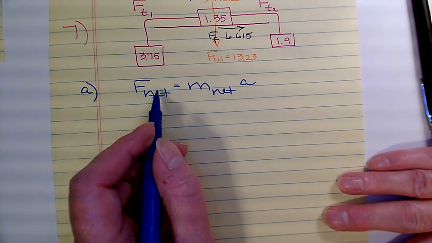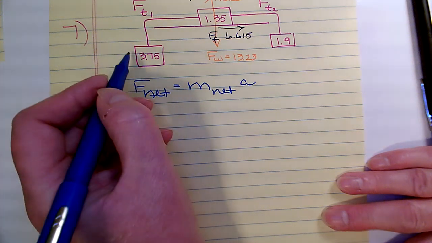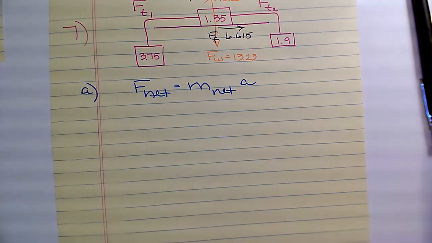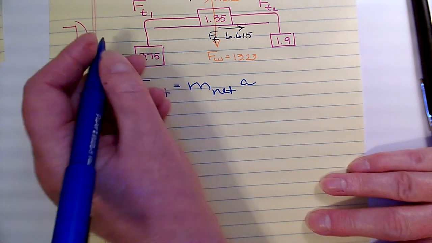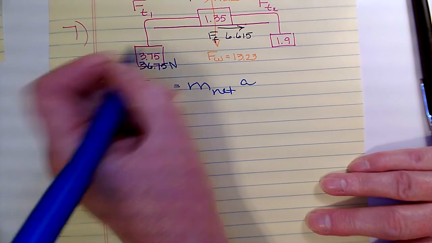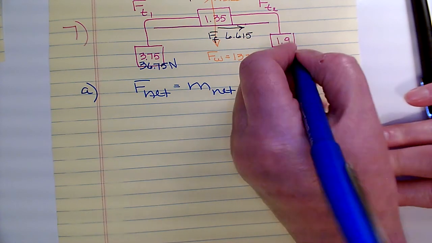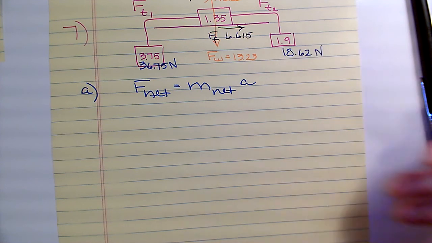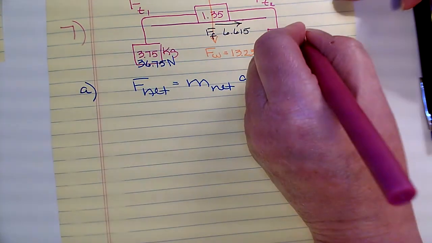All right, F net. What is going to make this system move? I hope you can figure out it's going to be the Fw of this guy. So let's take a second and find the Fw. 3.75 times 9.8 actually turns out to be 36.75 newtons. And 1.9 times 9.8 actually turns out to be 18.62 newtons. So let's throw kilograms in for the other ones.